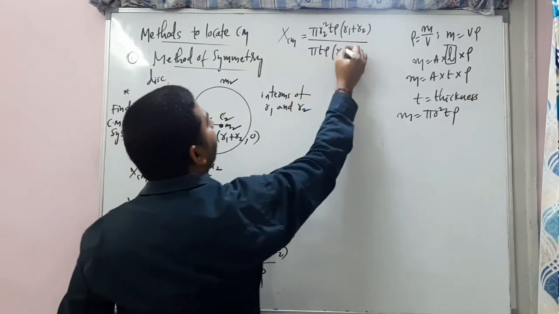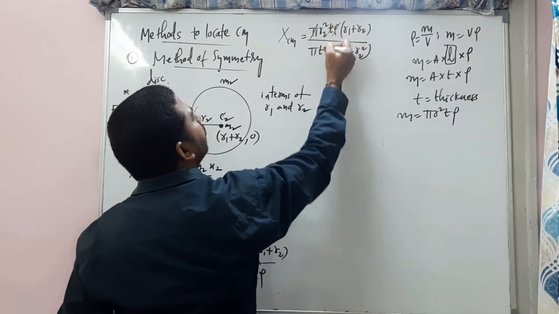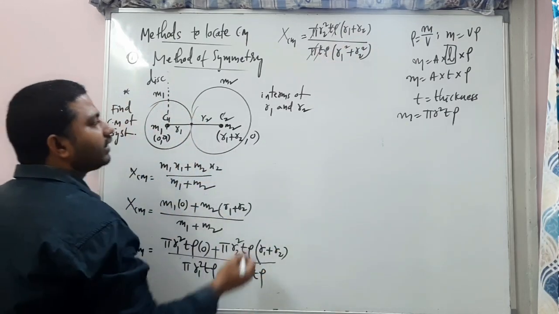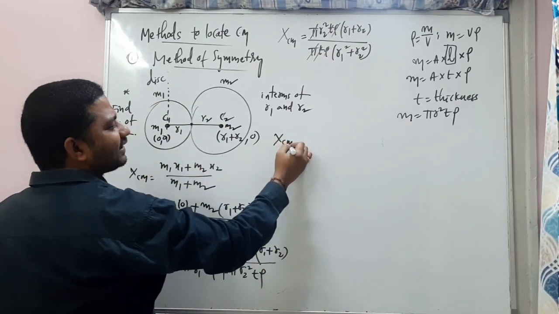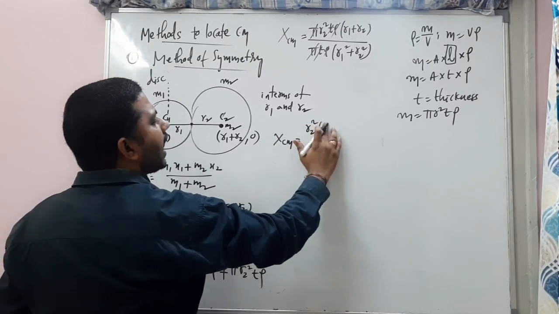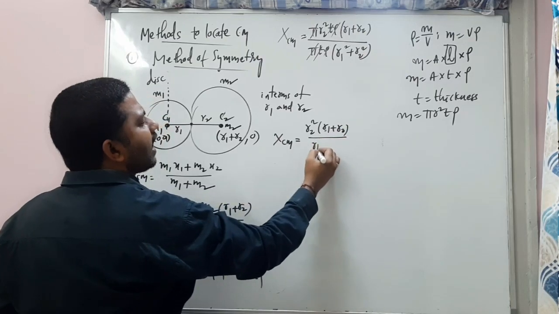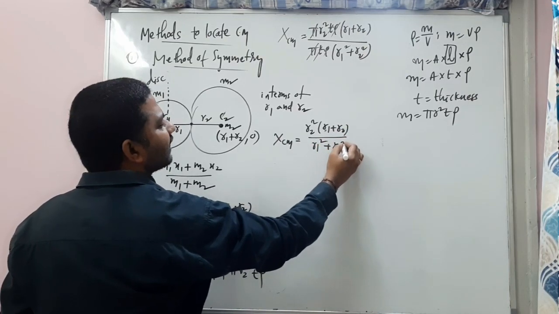R1 square plus R2 square. So pi t rho cancel. What is the answer here? XCM is equal to what, students? So R2 square into R1 plus R2 divided by R1 square plus R2 square.